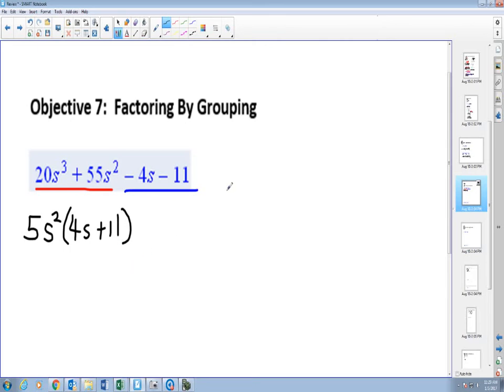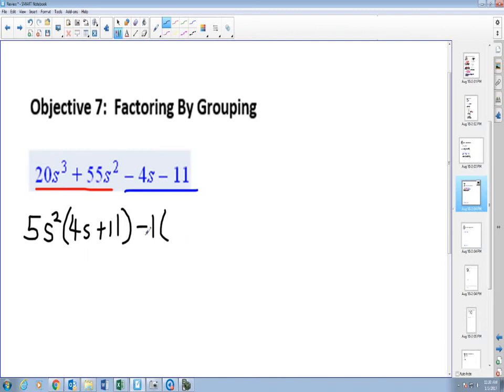Okay. Now, the last 2 terms, what I want is the parentheses to match between the 2 sets. So for the second set here to have the same thing in the parentheses, it will force me to factor out a negative 1 between the last 2 terms.